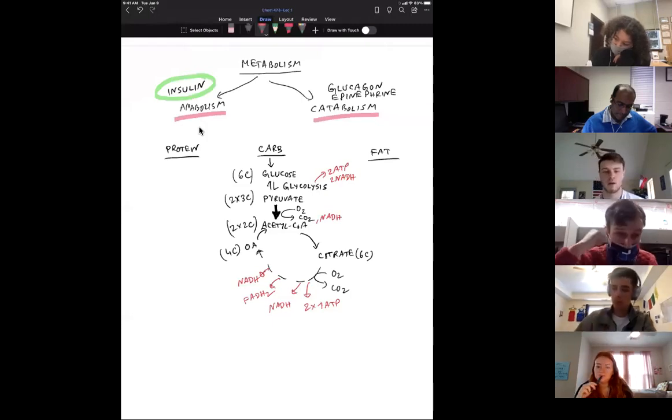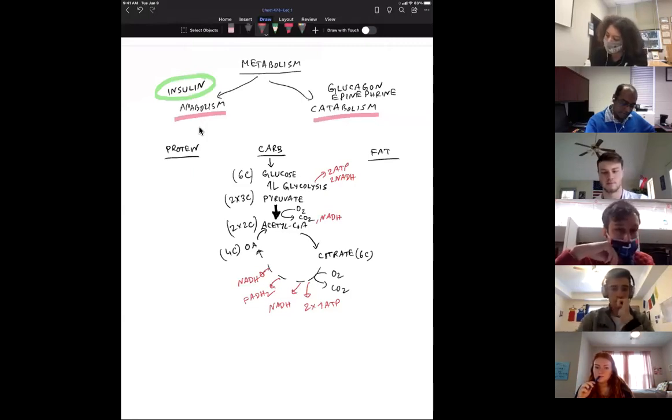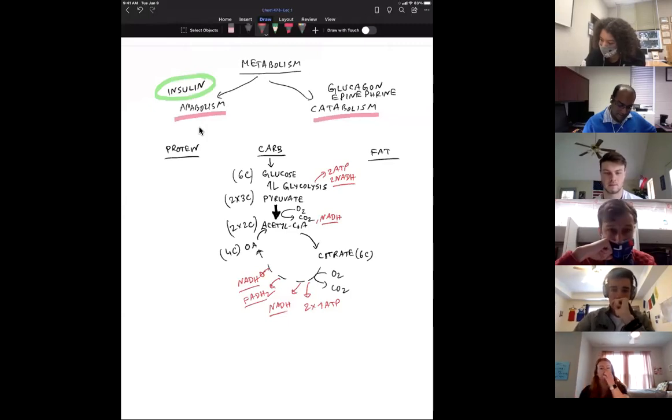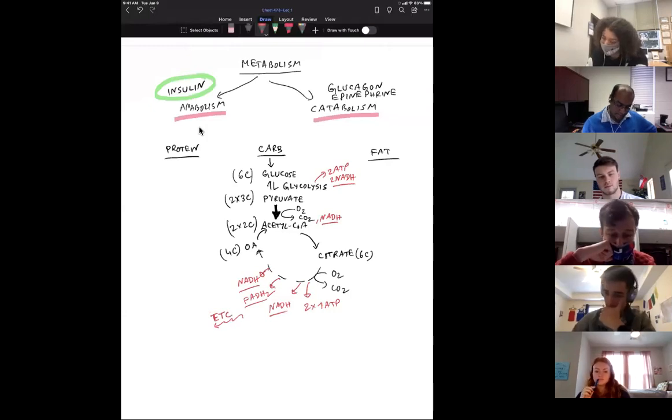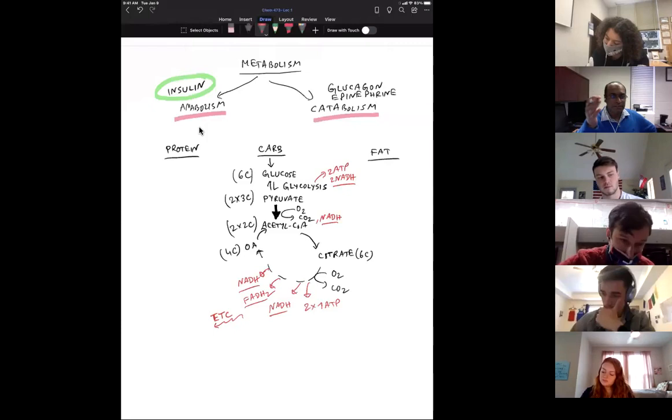And all this NADH from here, all of these go to the electron transport chain, which is in the inner membrane of the mitochondria. They are the proteins I was talking about.